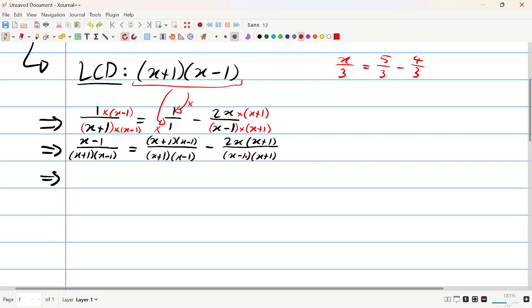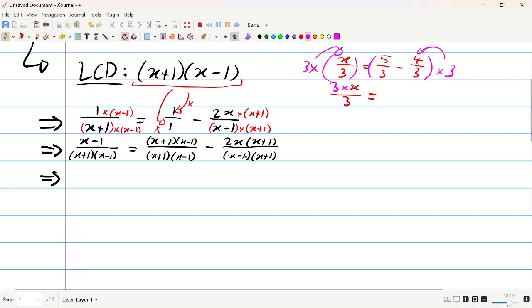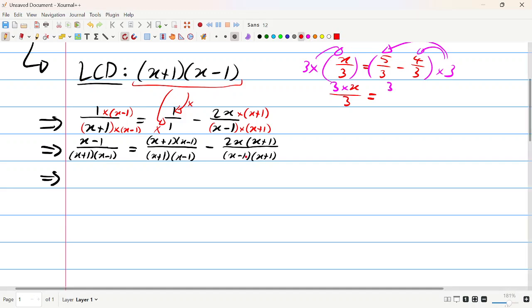But another way we can look at it is if we multiply both sides by the denominator. Notice that clearly what we are going to get is that the 3 goes in here, and we are going to get 3 multiplied by x over 3, which is equal to, and then obviously this 3 here is going to multiply into both the terms, and then what we're going to get is 3 multiplied by 5 over 3, sorry, and then we are going to have minus 3 multiplied by 4 over 3.